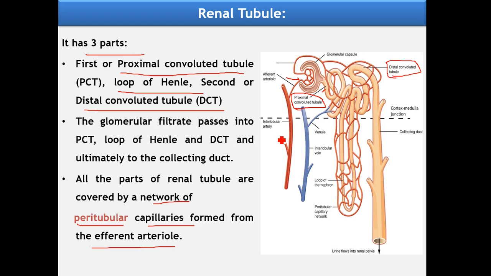The efferent arteriole, which comes out of the Bowman's capsule, extends and further divides into many capillaries and surrounds the PCT, loop of Henle and DCT. This is called peritubular network, which is meant for the exchange of materials between renal tubule and blood capillaries, which we will learn in our next session.